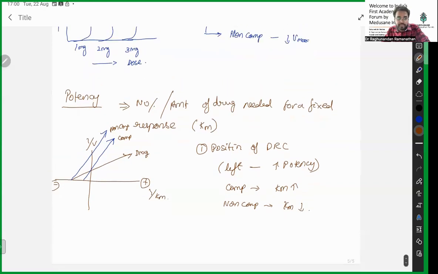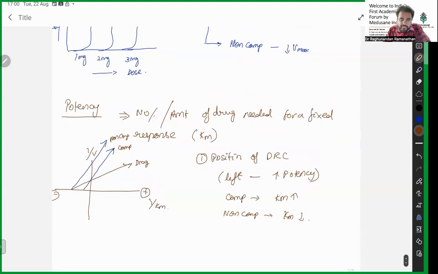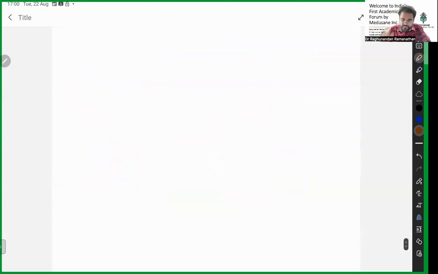I'll give you some examples, don't worry. A patient is going to have a seizure. Carefully listen. Can the seizure be graded?